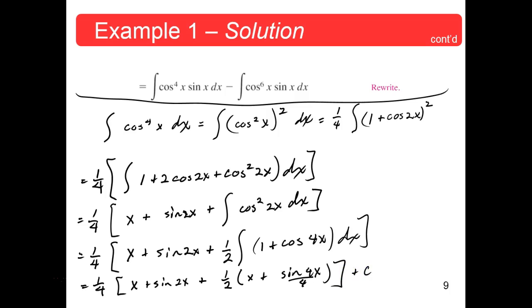Okay, let's see if we can in some way represent our answer. I think I'm going to the top. I've got a little bit of room there. Let's multiply the 1/4 in, so that would be 1/4 x plus 1/4 sine 2x plus, now it gets hairy here, 1/4 times 1/2, that's going to be 1/8 x, and 1/4 times 1/4 is plus 1/16.